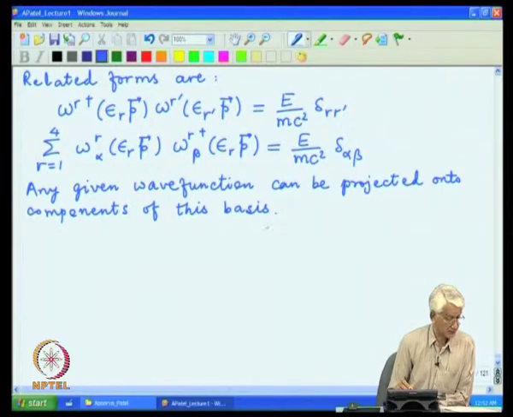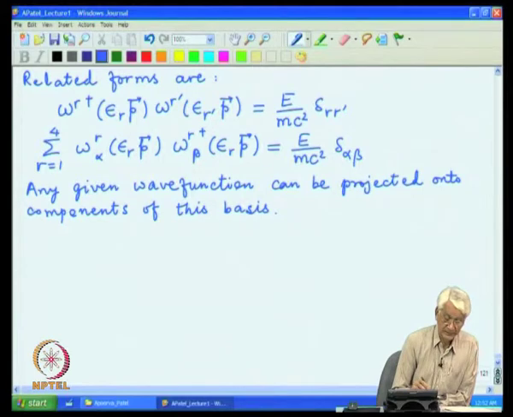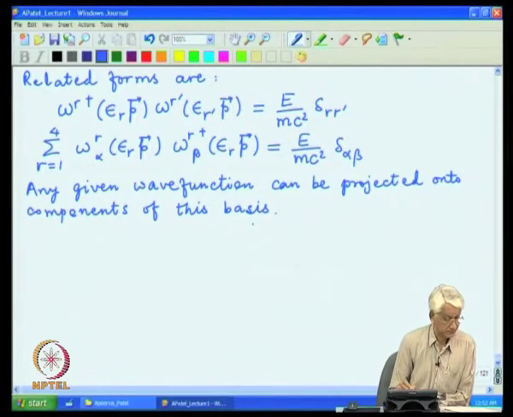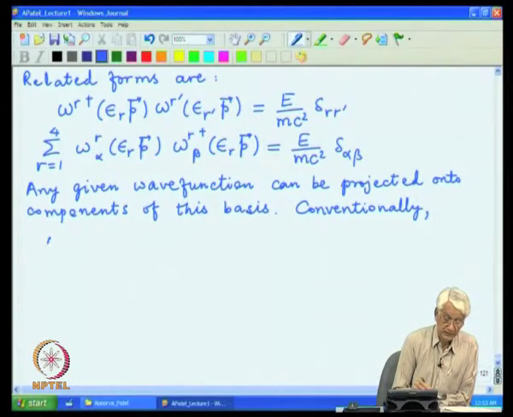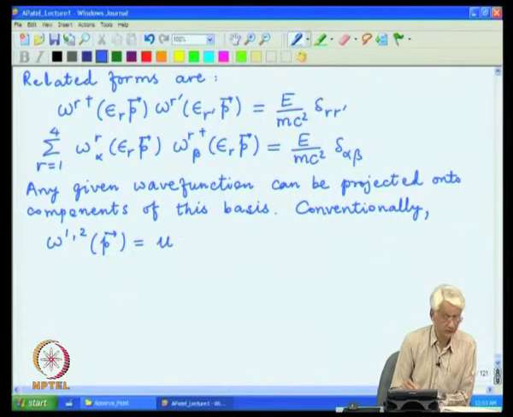So, we have the notations one and 2 of this frame are denoted by spinors u.